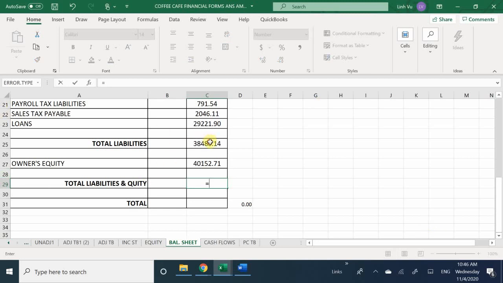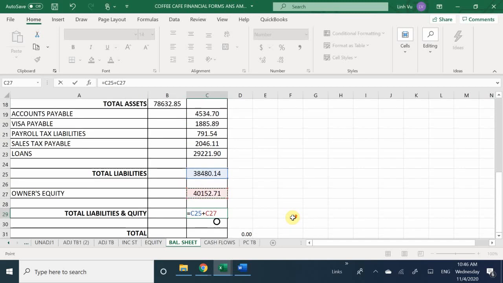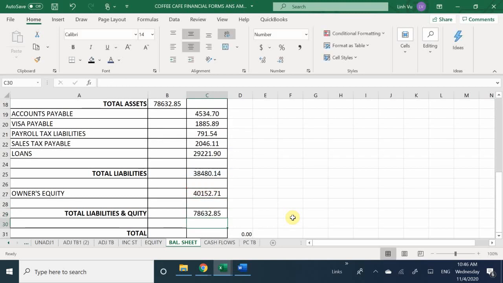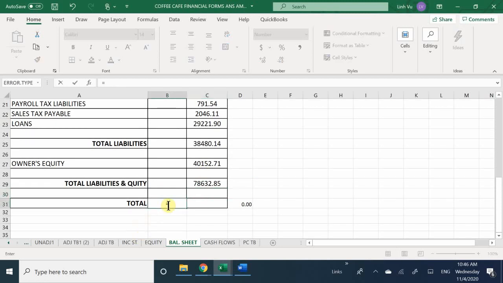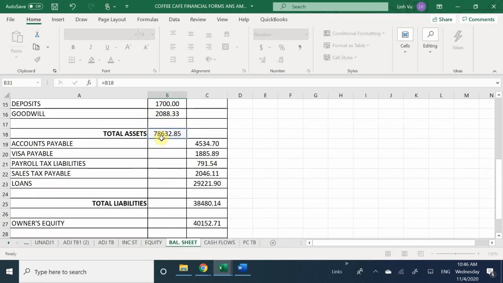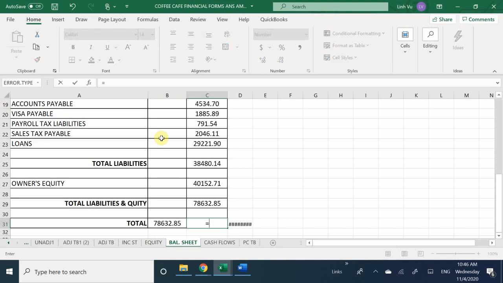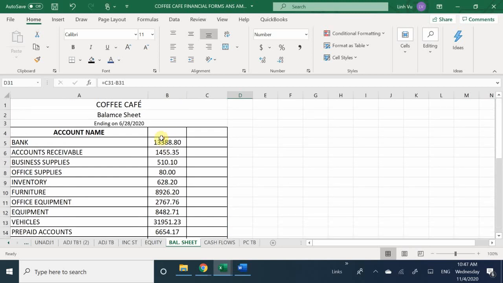And what do we get? Perfect. And do our total assets equal our total liabilities and equity? Yes, they equal. And that's how you complete the balance sheet.